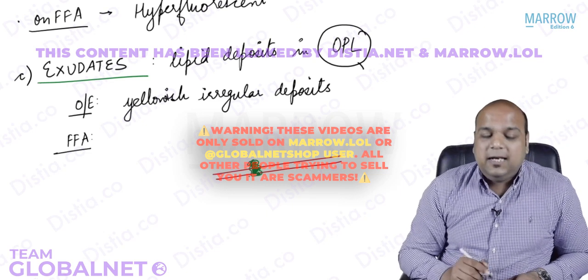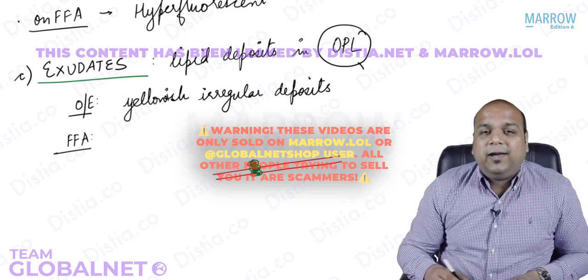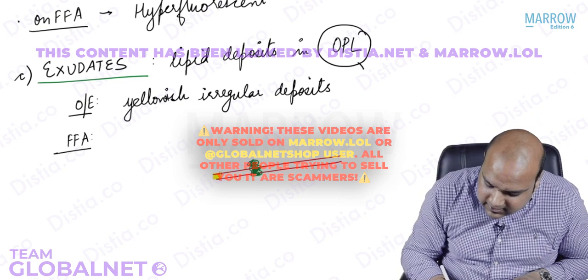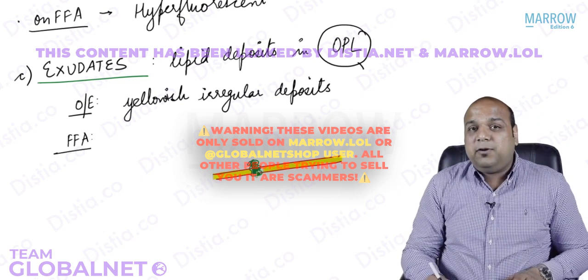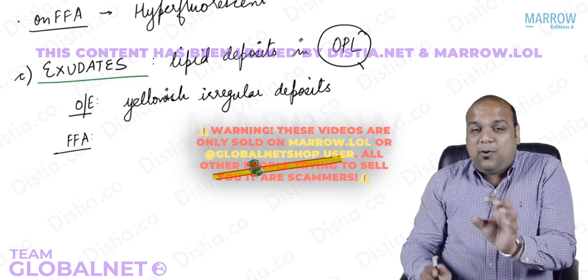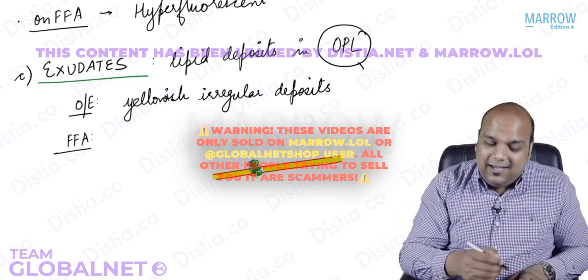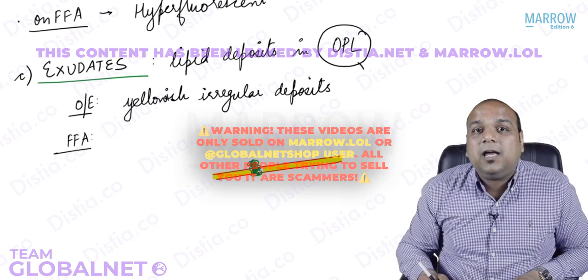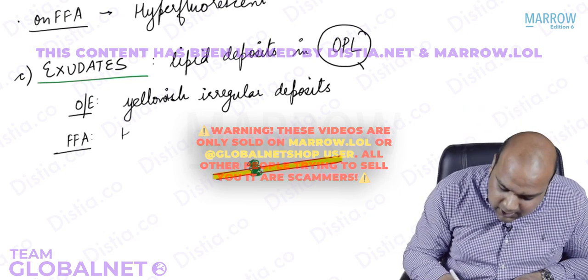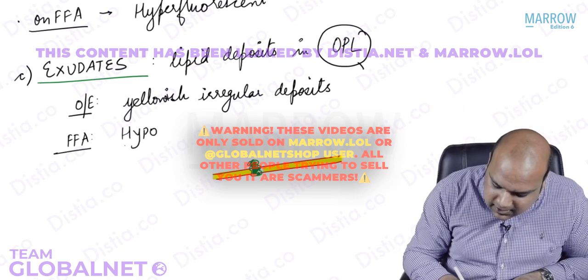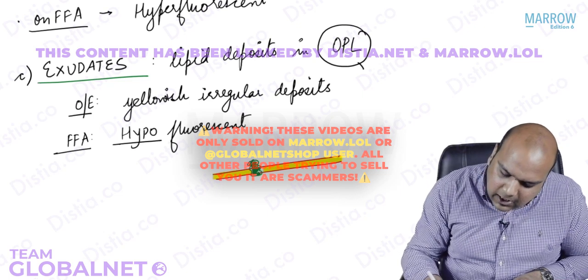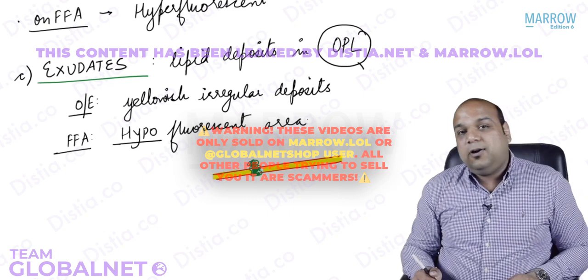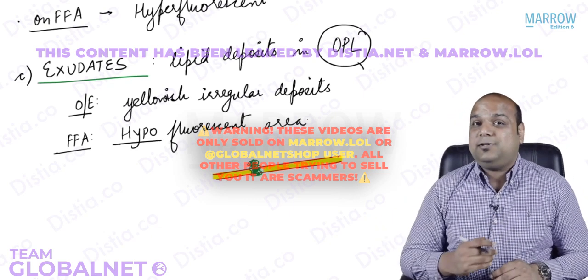Now everybody, when I do FFA, the dye will be visible here. But at this spot, there will be no dye visible because it is hiding the dye. So this will appear as a dark area. So can I say on FFA, this will be a hypofluorescent area? Yes or no? I hope you understand, because this is hiding the fluorescence.